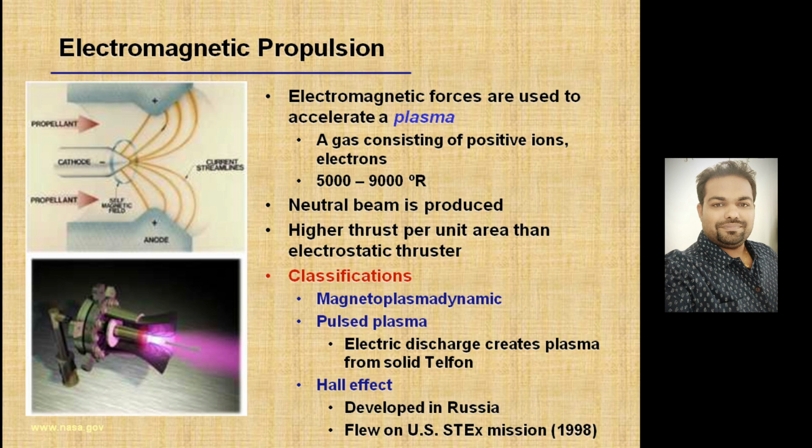They launched this mission on October 3, 1998, and it is also known as the NRO 8 mission. So for the first time, electromagnetic propulsion found application in a satellite, in the US STEX mission.